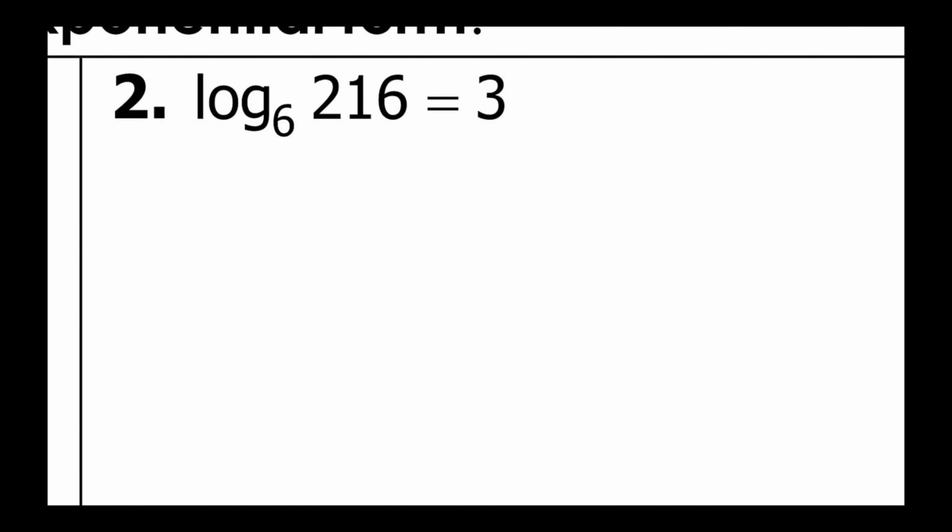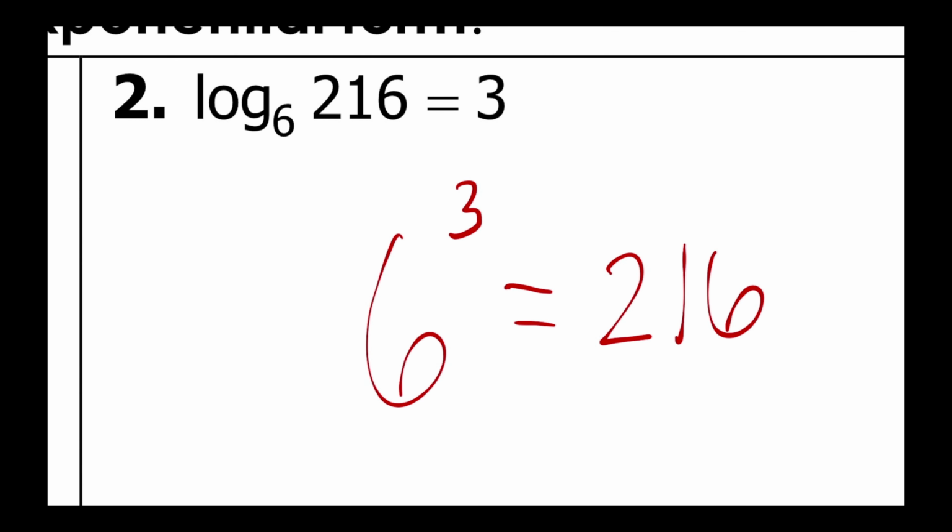What is that saying in exponential form? The base is 6. That's right, 6. The exponent is 3. And that result is 216. That's what this is saying. This and this are saying the exact same thing.